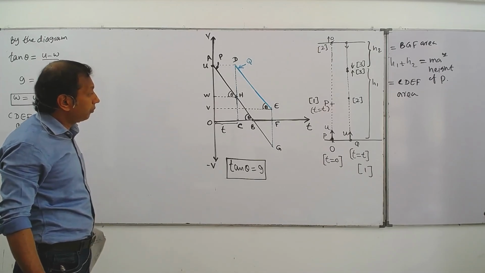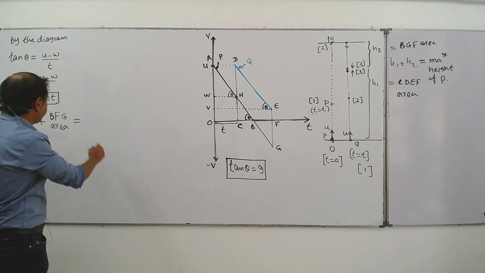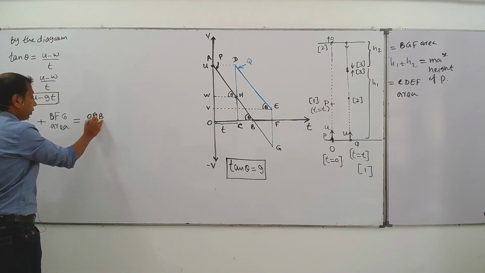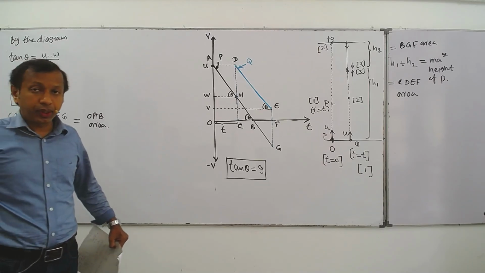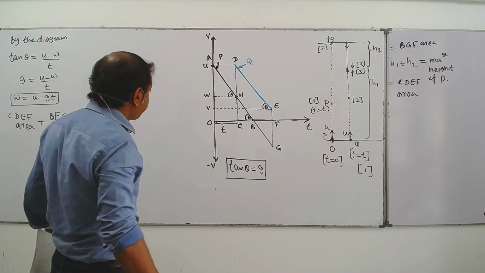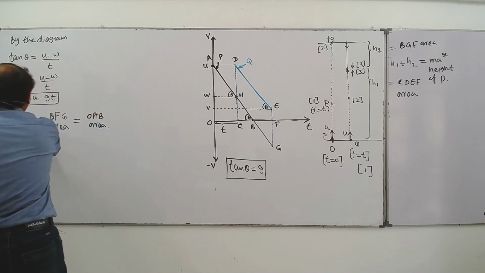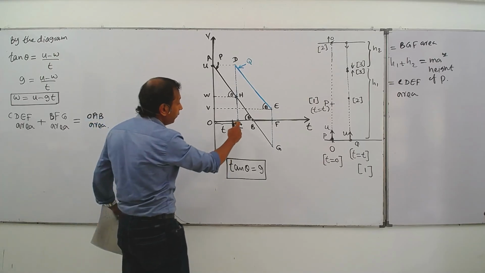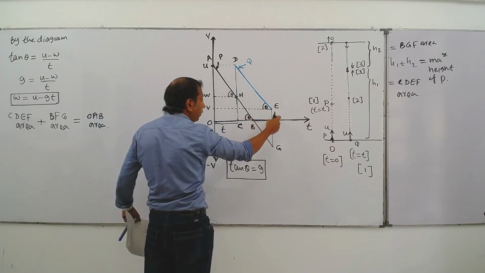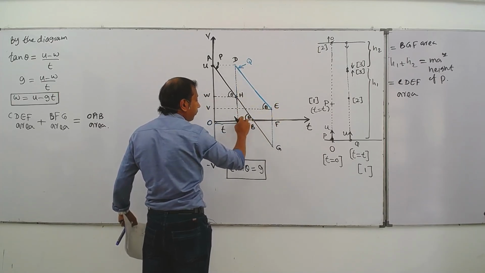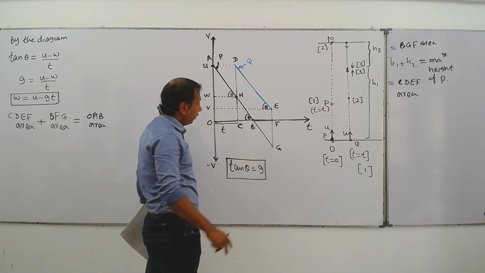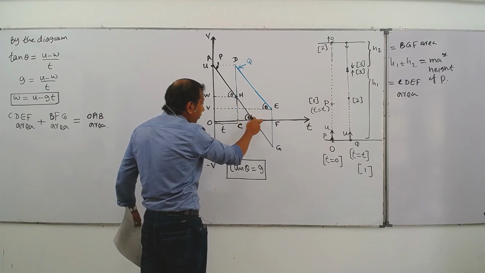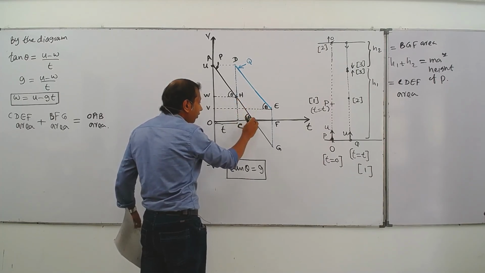The total should be equal to OAB area. But you know, the left hand side total area going to be here CDEF. That means this trapezium plus this part is the total area. You can see this HBC area available in that.